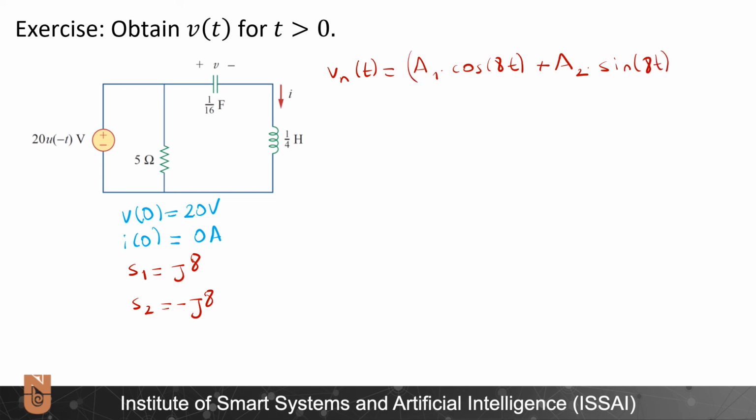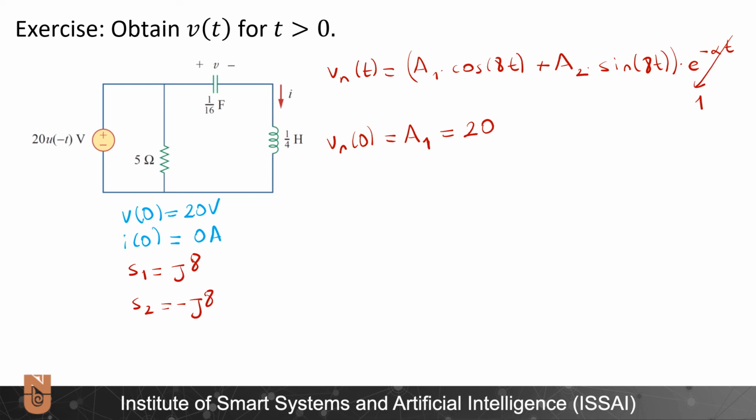I am omitting the term e to the minus real part of the roots, because since the real part is equal to 0, this will be equal to 1. And in order to find A1 and A2, I evaluate my function at 0, where this whole expression becomes A1, because sine 0 is 0, and A1 is 20.